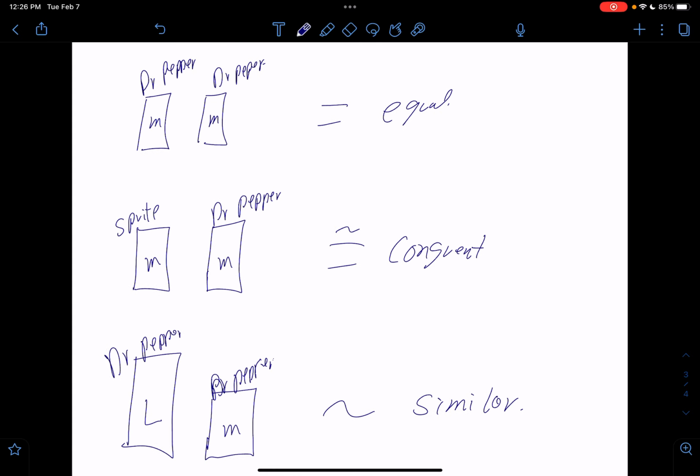So how does it look in geometry? Well, in geometry, equal is like having a segment AB. I can say that segment AB is equal to segment BA because it's just the same segment.